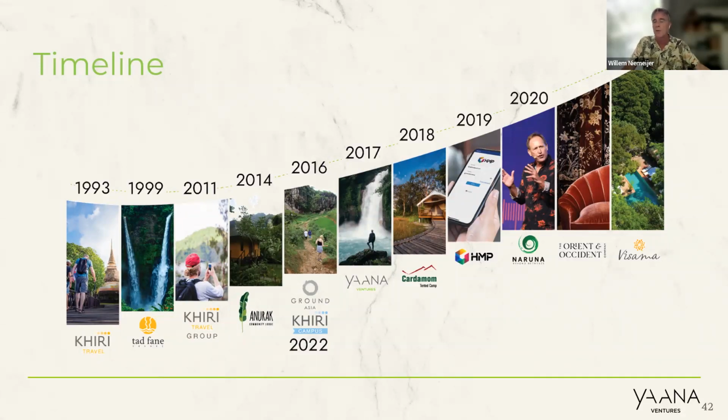Later on in 2014, we built Anurak, which is in the south of Thailand, an ecotourism lodge. And I will focus in this presentation mostly on Cardamom Tented Camp in Cambodia. We also currently are involved in Visama Lodges, which brings conservation tourism to a more luxury level.